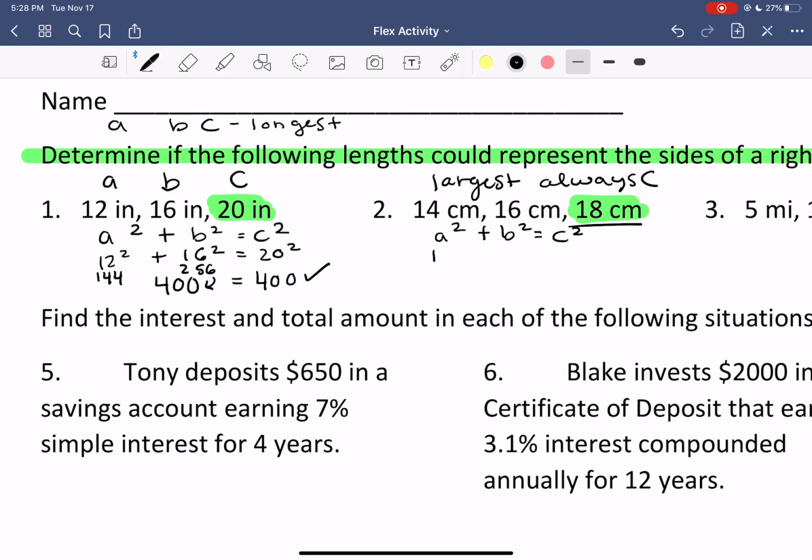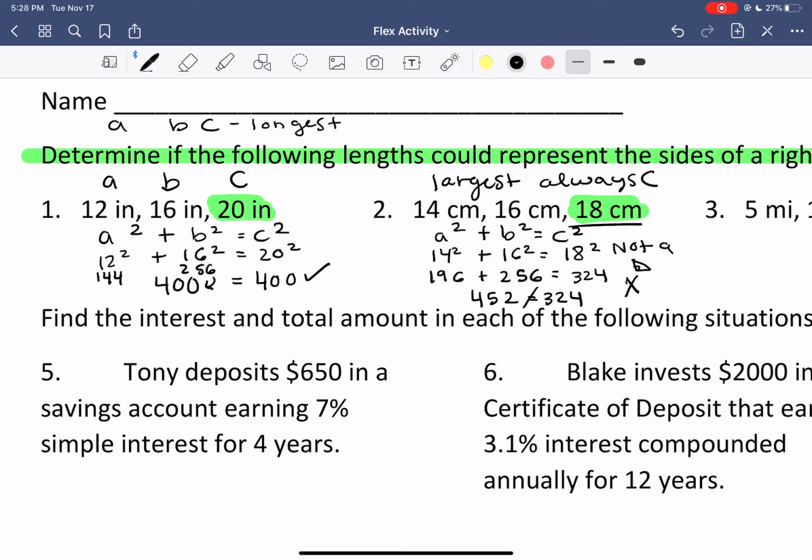For 14 and 16, it doesn't matter which one we substitute into which. 14 squared is 196, 16 squared is 256, and 18 squared is 324. So we take 196 and add 256 and get 452 equals 324. That definitely looks off, so those are not equal, and we do not have a right triangle.